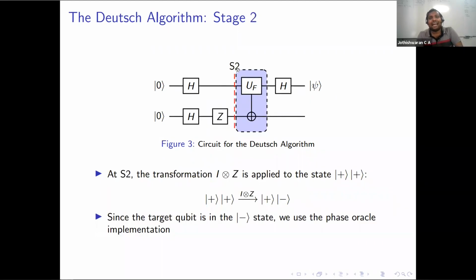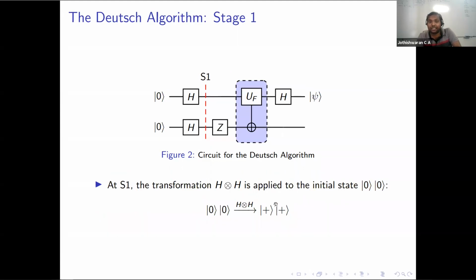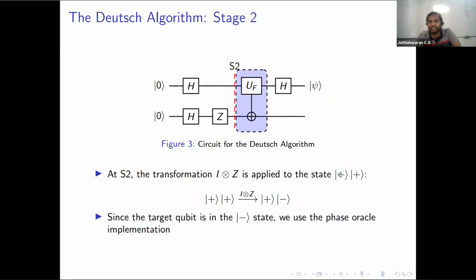Then at S2, the transformation I tensor Z is applied. As you can see, no transformation is applied to the first qubit. The Z gate is applied to the second qubit. The state that is coming in, however, is plus plus. So when the Z gate acts on the second qubit, we know that the plus state goes to the minus state. So the vector here becomes plus minus.